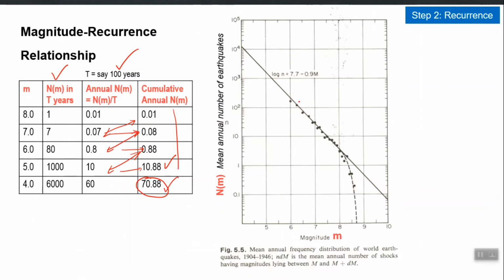So in this particular example, obviously the number is increasing exponentially with reducing magnitude. So we may have a log scale on the y axis, like 0.1, 1, 10, 100, 1000, 10,000. If we have a log scale on the y axis and magnitude on the x axis, the data will show a linear trend, because this is almost of the order of 10, 1, 7, 80.